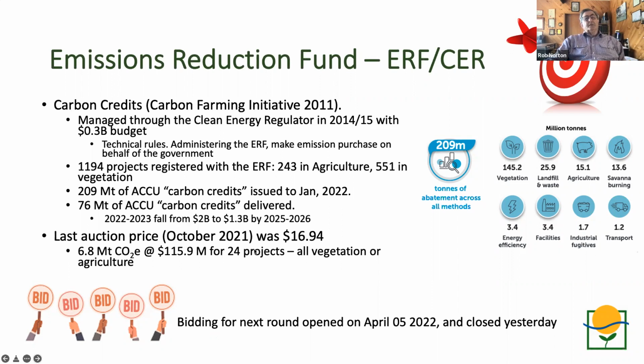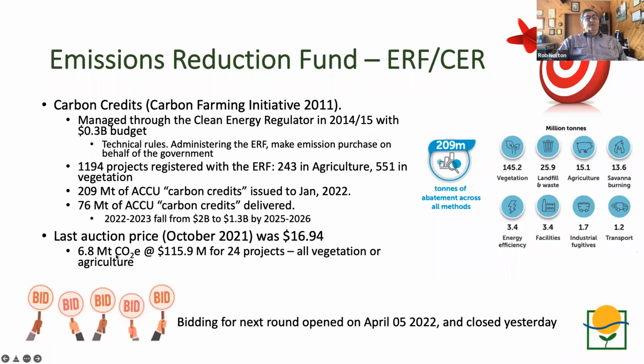And there are other ways you can go about it, other than just selling them to the government. There are other carbon markets, but this is one carbon market that you can trade in. There was actually an auction that finished yesterday, which was the 14th auction in the system.